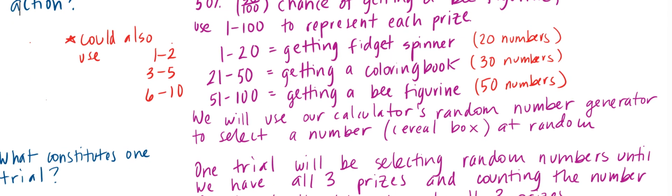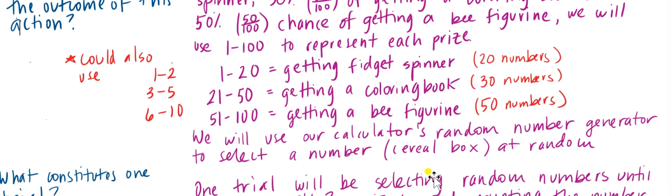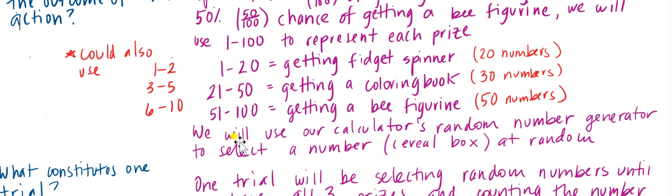Okay. So, because there's a 20% chance of getting a fidget spinner, I'm going to have numbers 1 through 20 represent getting a fidget spinner. Next, I'm going to have numbers 21 through 50 represent getting a coloring book. So if I land on any number between 21 and 50, there are 30 of those numbers, hence the 30% chance of getting a coloring book.